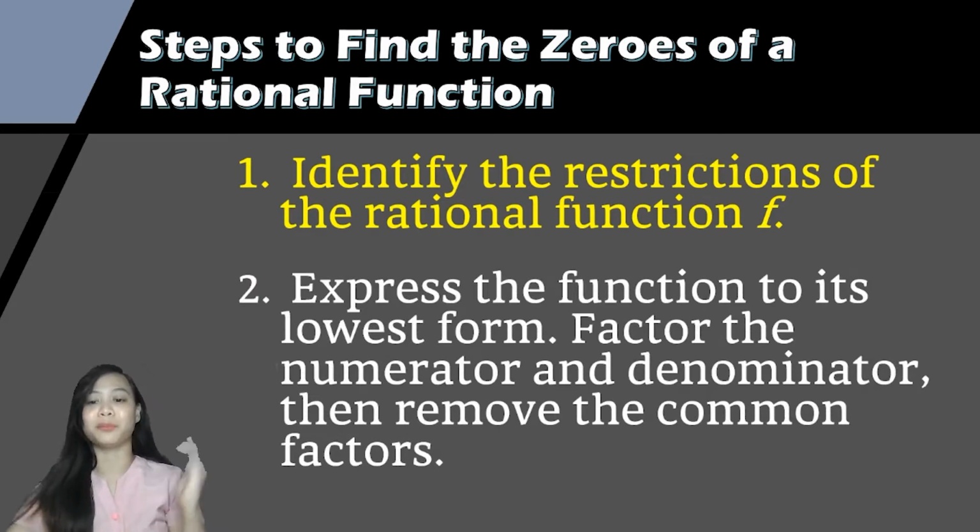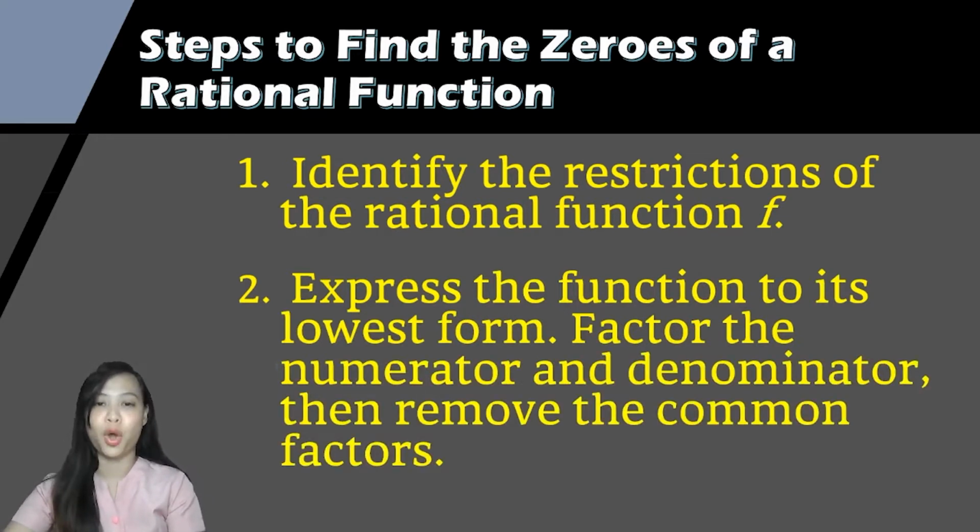Next step, you need to express the function in its lowest form. Factor the numerator and denominator, then remove the common factors. Again, simplify your rational function, and if there are common factors in your numerator and denominator, we can cancel them.